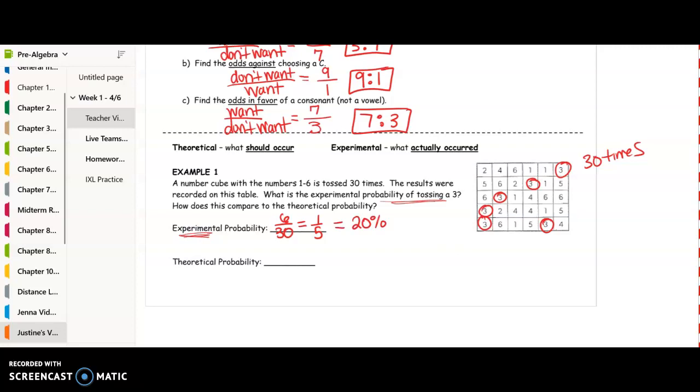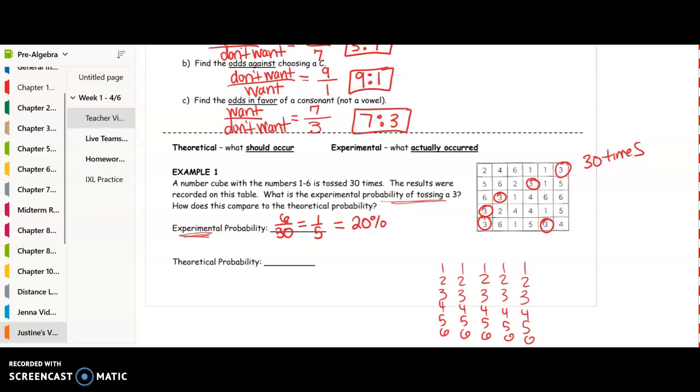If we look at theoretical probability, that's actually what's supposed to happen if we were to toss it, and what actually should happen. Okay, so we're not actually doing the experiment. So theoretically, if there's 1 three and we're tossing it 30 times, I just wrote out the possible outcomes on the side, right?